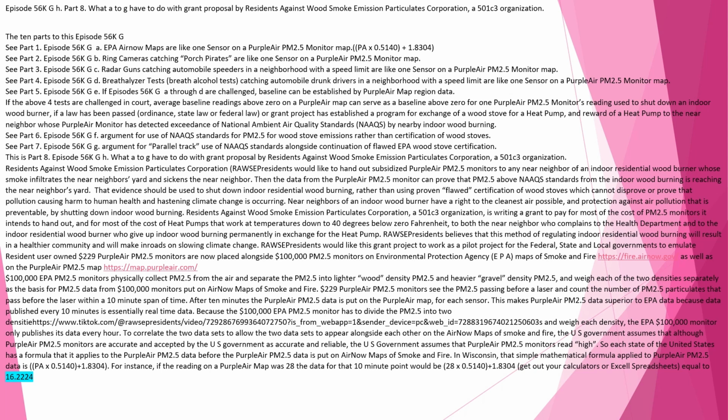Resident user-owned $229 PurpleAir PM2.5 monitors are now placed alongside $100,000 PM2.5 monitors on Environmental Protection Agency, EPA, maps of smoke and fire, https://fire.airnow.gov, as well as on the PurpleAir PM2.5 map, https://map.purpleair.com. $100,000 EPA PM2.5 monitors physically collect PM2.5 from the air and separate the PM2.5 into lighter wood density PM2.5 and heavier gravel density PM2.5, and weigh each of the two densities separately as the basis for PM2.5 data from $100,000 monitors put on Airnow maps of smoke and fire.